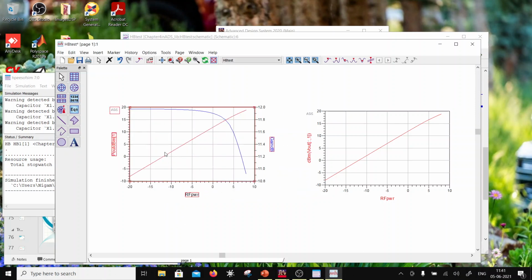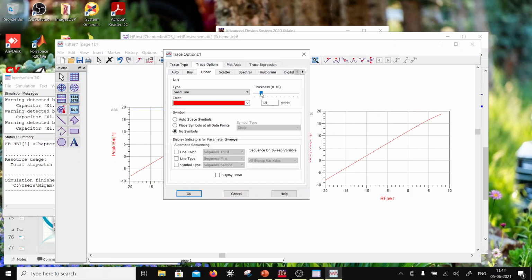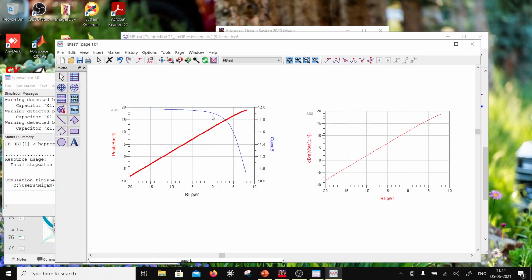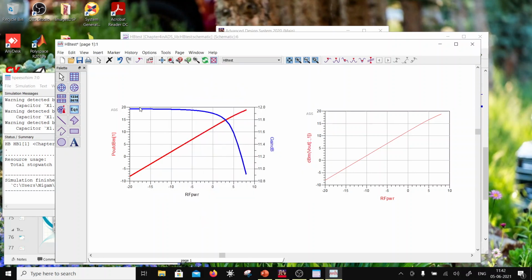Okay, so the gain is going through a certain compression. Okay, so this is a single tone. So I'm starting with a gain of 11.97. So I'll put a marker here. So that's a gain of 11.97.